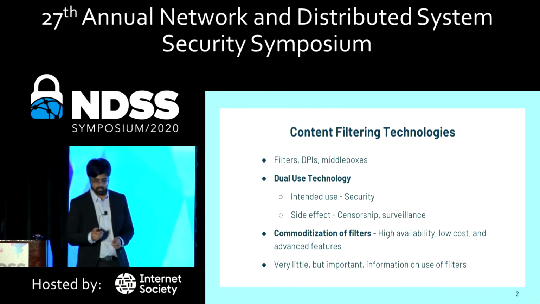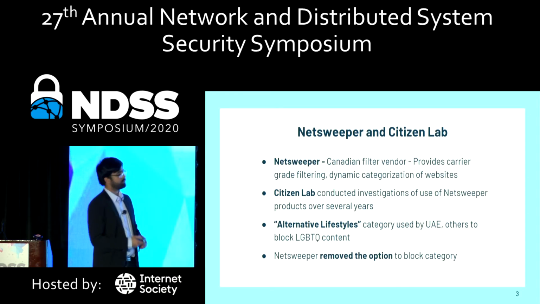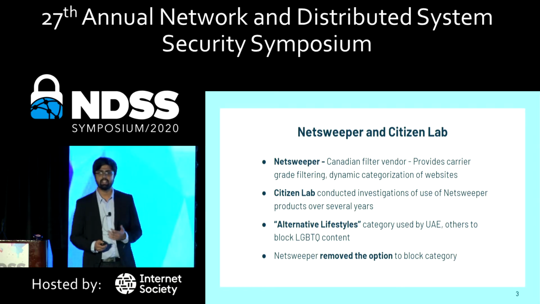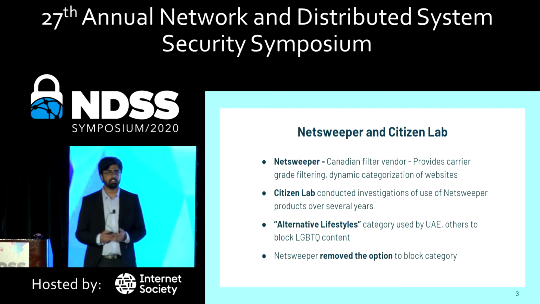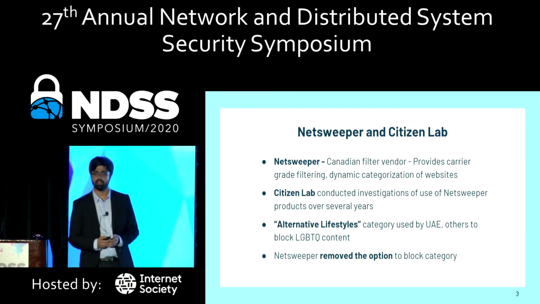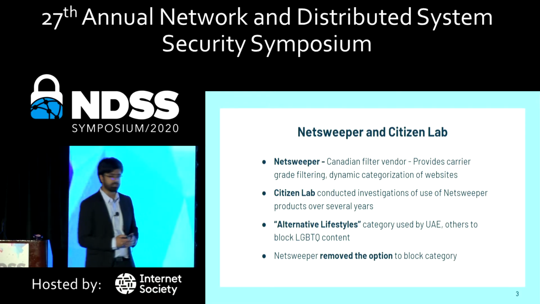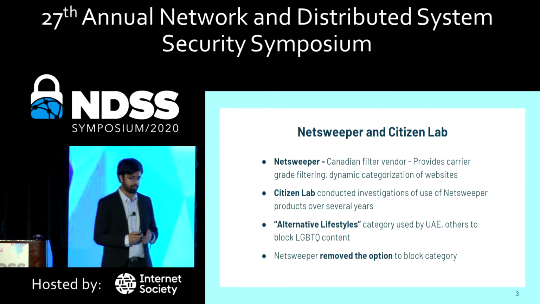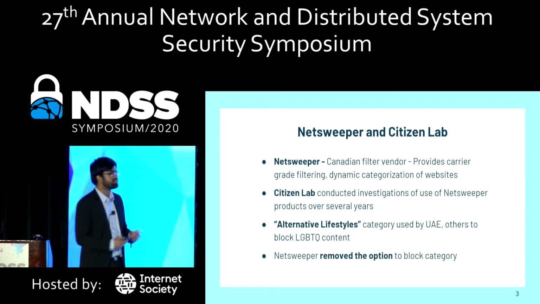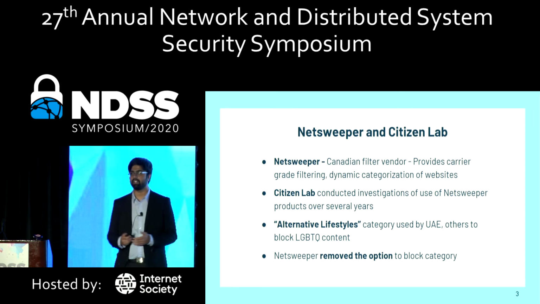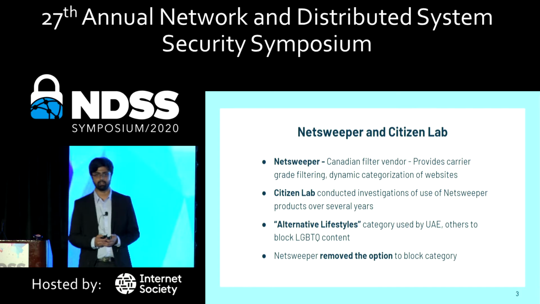Let me highlight why with the example of Netsweeper. Netsweeper is a Canadian filtering vendor that sells high-quality filtering products and also offers other secondary services, such as dynamic categorization of websites and SSL decryption. Citizen Lab, an NGO in Canada, and co-authors of our paper conducted several investigations of the use of Netsweeper products for censorship in many countries after receiving on-the-ground reports.